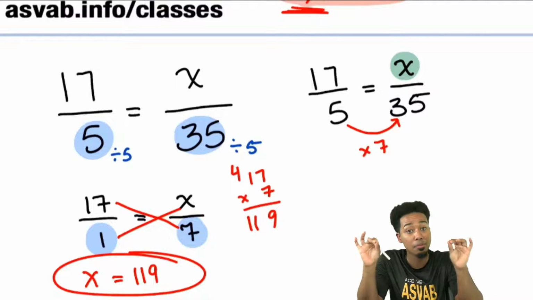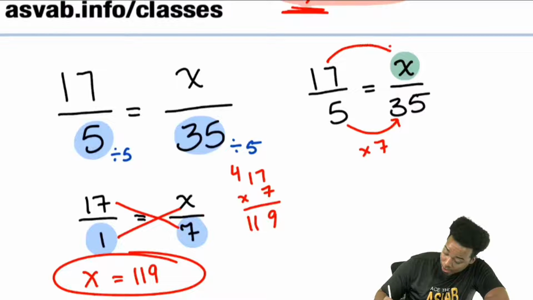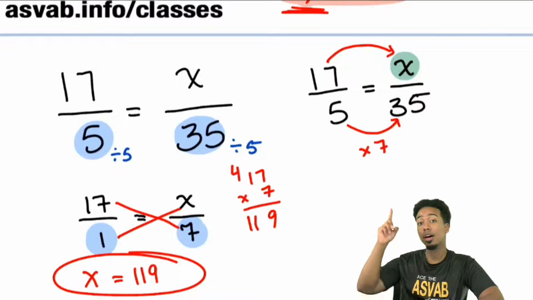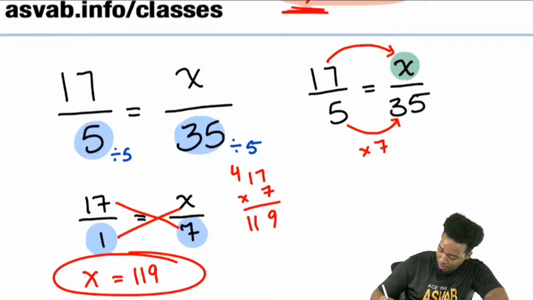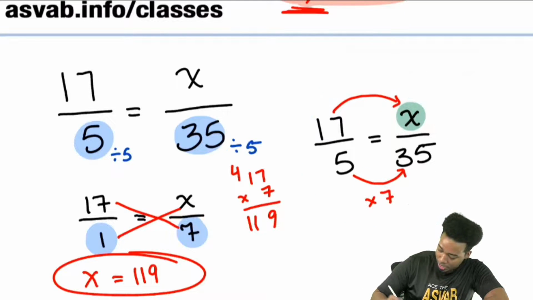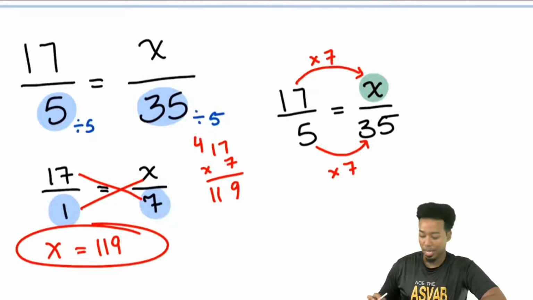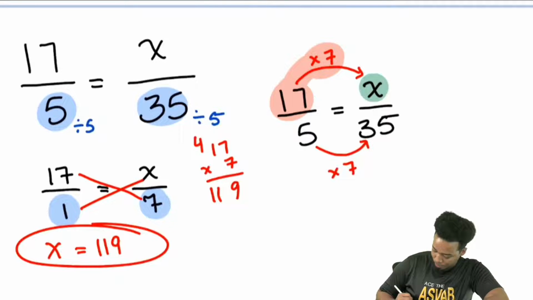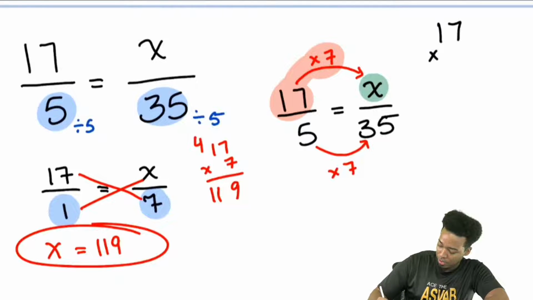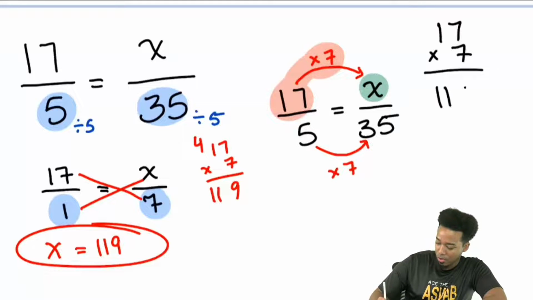So the same comparison is going to be from the left to the right, but this time up top. And that's the same comparison, times 7. Let me move this down just a little bit here. Times 7. Same exact comparison. And the great thing is, once we do this, 17 times 7 gives you the same exact answer right away. The 119 right away.